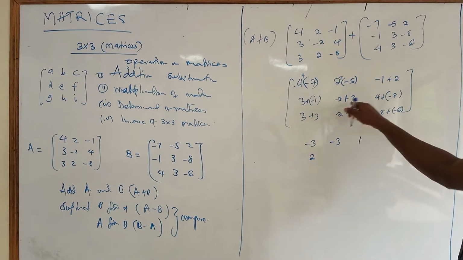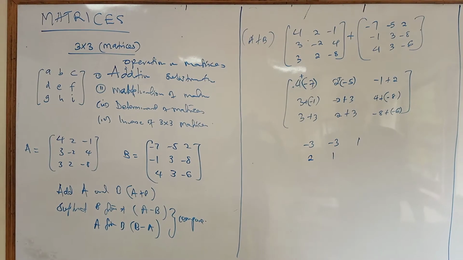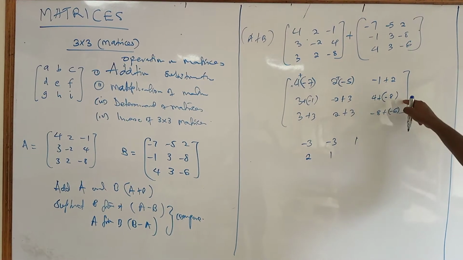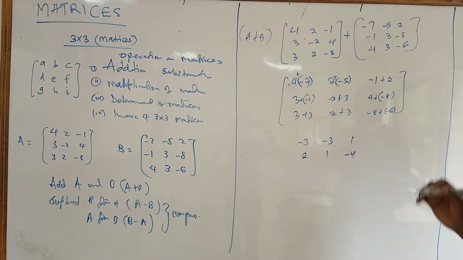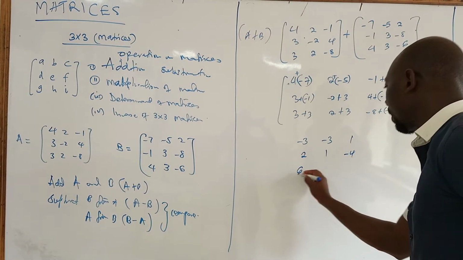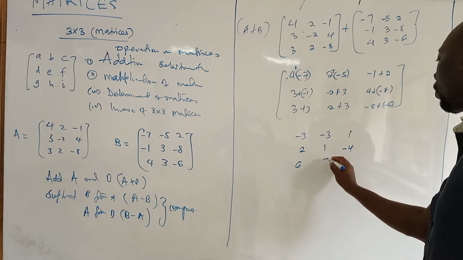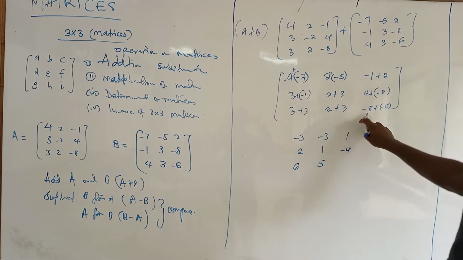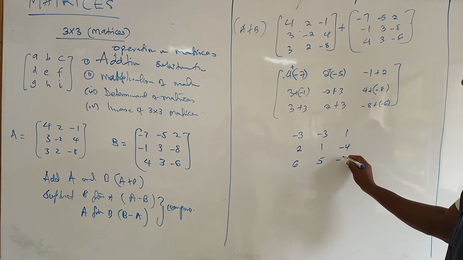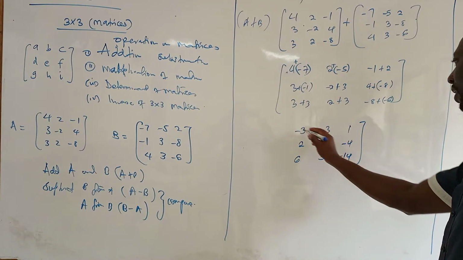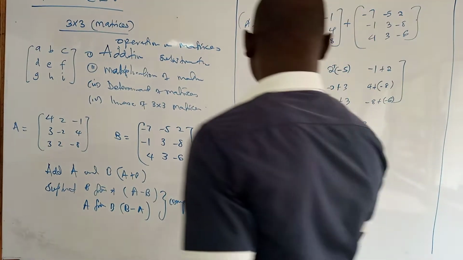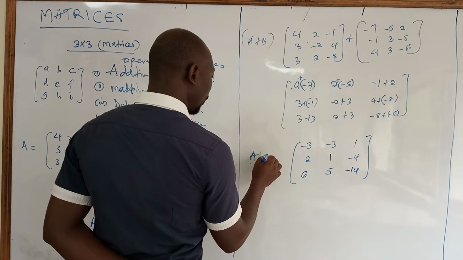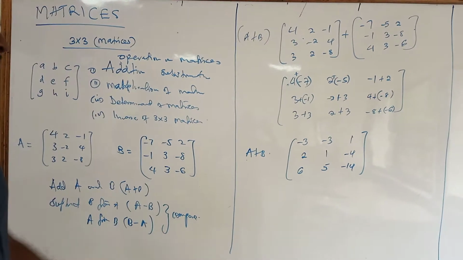Then -2 plus 3 gives you 1. 4 plus -8 gives you -4. Then 3 plus 3 gives you 6. 2 plus 3 gives you 5. And -8 plus -6 gives you -14. So this is the sum of A plus B. A plus B actually gives you that.